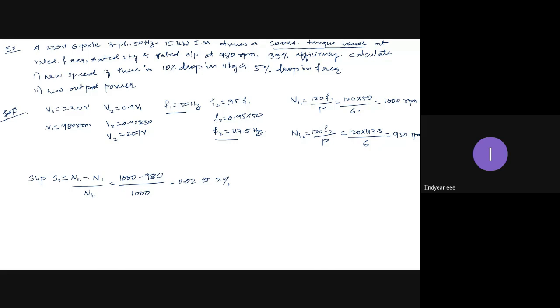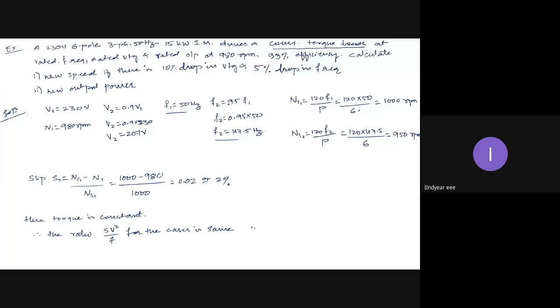Therefore, for a constant torque load, the ratio S into V square by F for both the cases is the same.